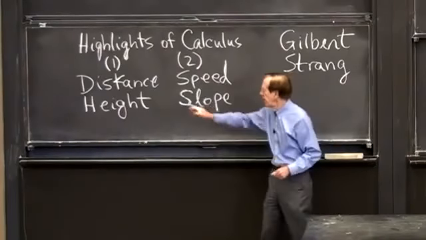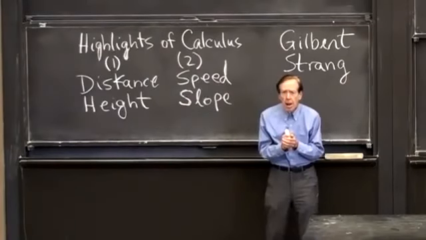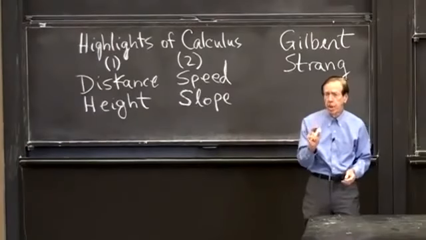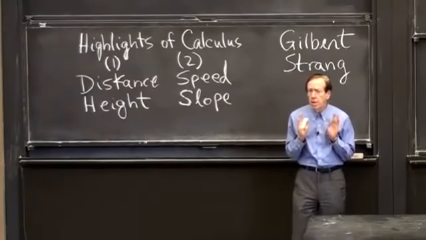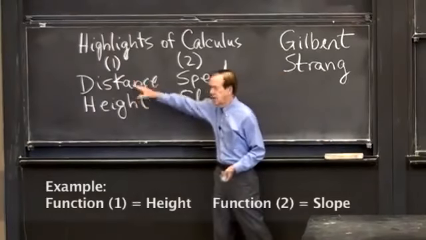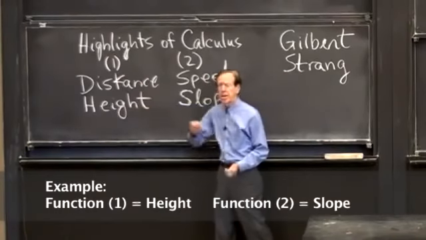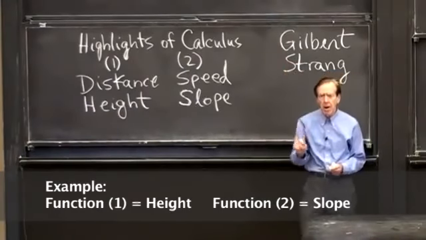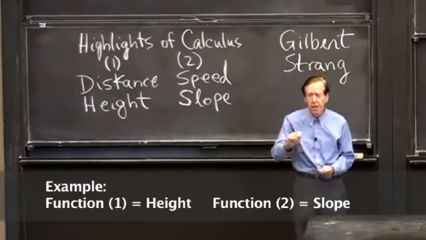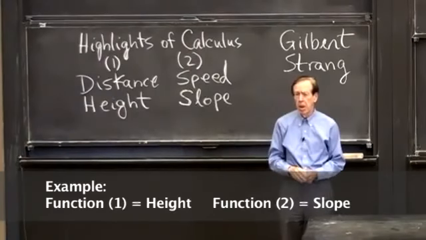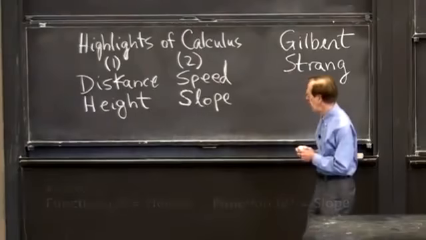Let me give another pair. I could give more and more, but I think if we get these two pairs, we can move forward. So in this second pair, height is function 1. How high you've climbed, if it's a graph, how far the graph goes above the axis. Up, in other words.